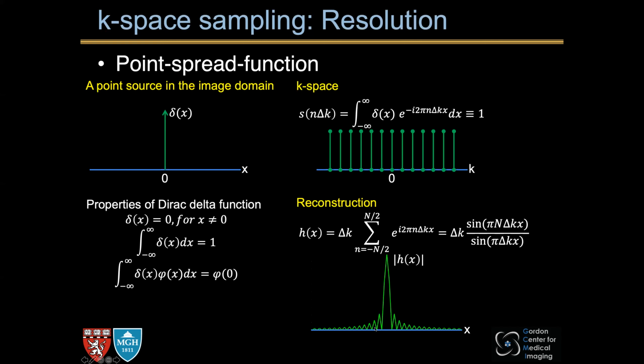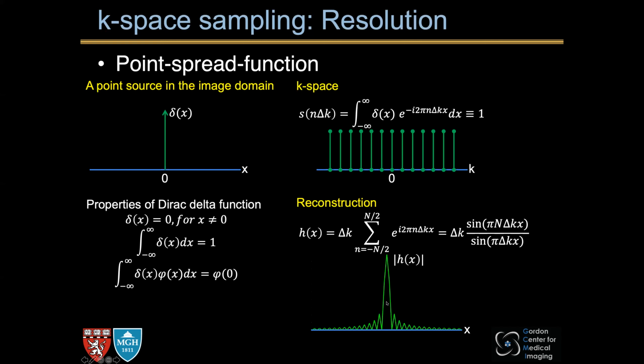Okay, so this is the plot of this reconstructed image, or this periodic sinc function. Immediately we can see that instead of a point source in the image domain, now the reconstructed image has some width, which we can tell as a main lobe.